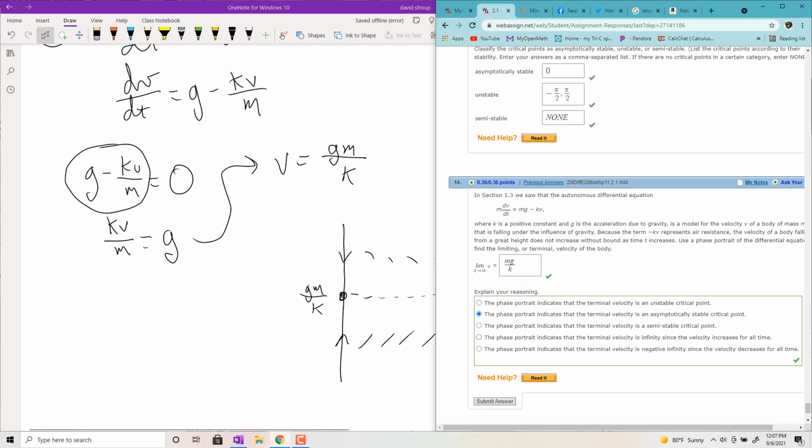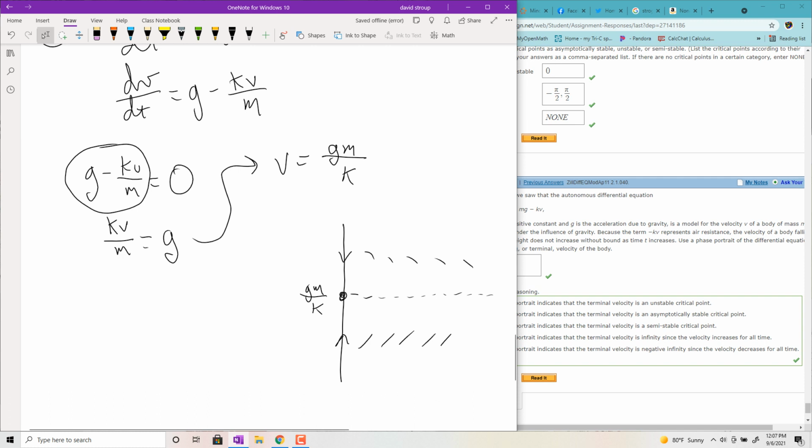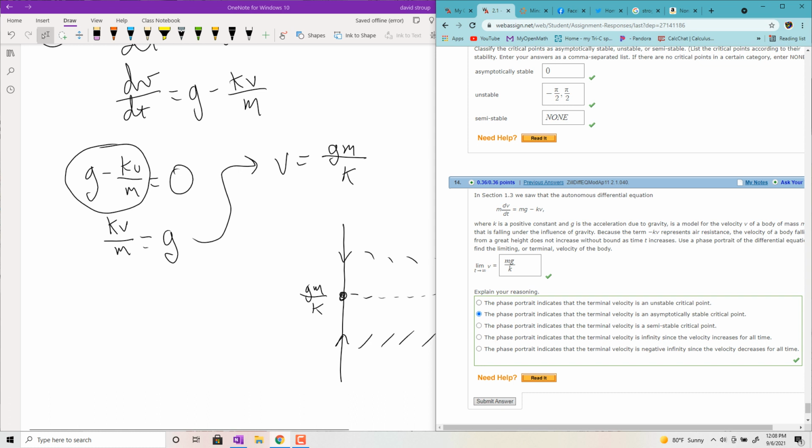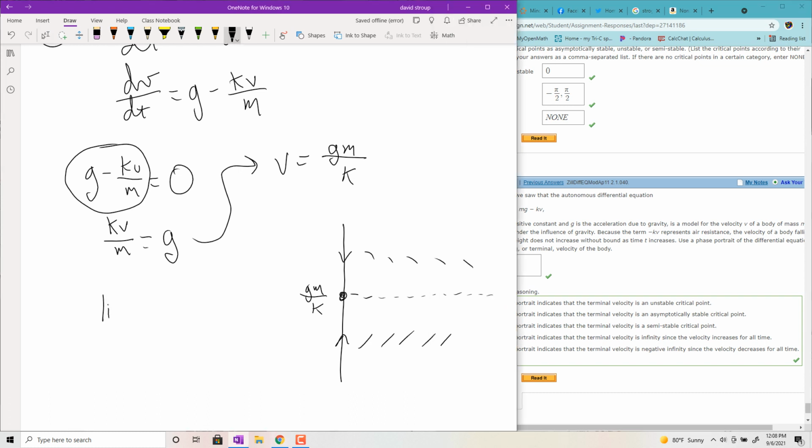As t goes to infinity, it looks like we're always going to be going towards this critical number. So the limit as t goes to infinity, the velocity will be that critical number gm over k.